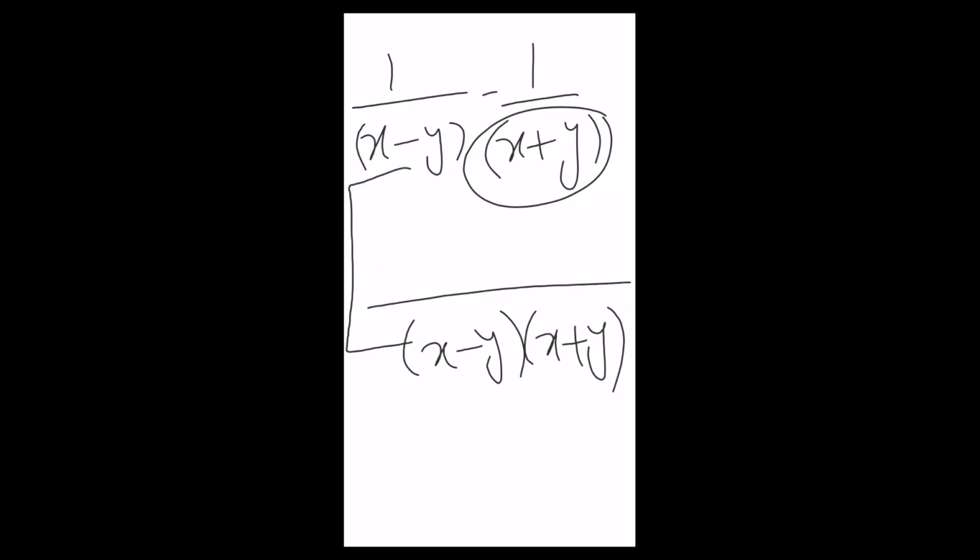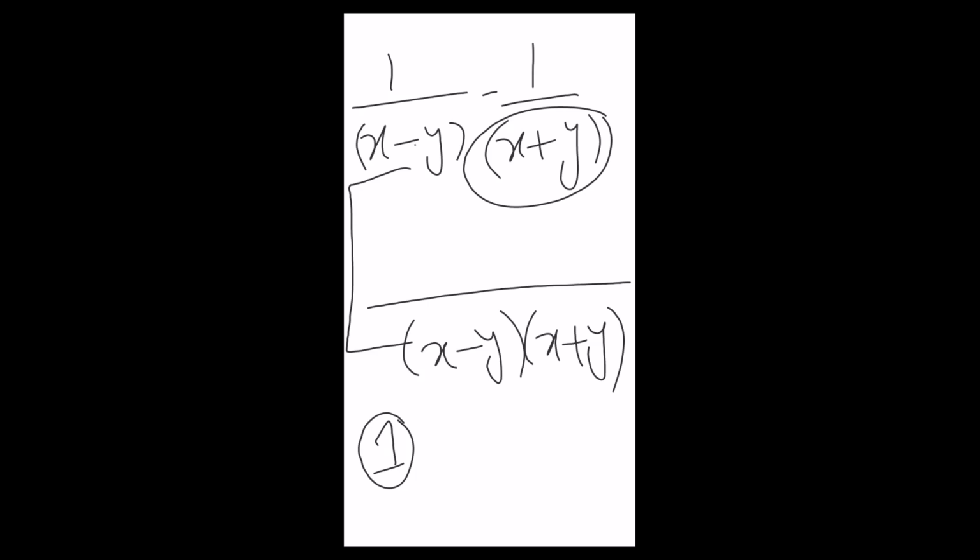X minus y and x minus y are the similar terms in both denominators. And when you see the similar denominator, their answer will always be 1. Got it? So now that x minus y and x minus y term is done.